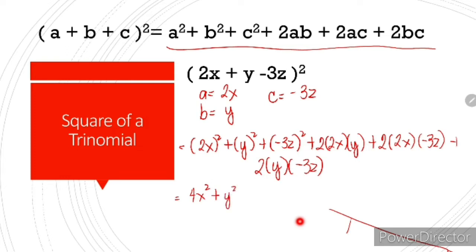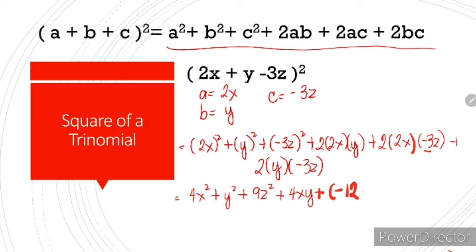Negative 3z times negative 3z is equal to positive 9z squared plus 2 times 2x is equal to 4x times y. So, we have 4xy plus 2 times 2x is equal to 4x times negative 3z.